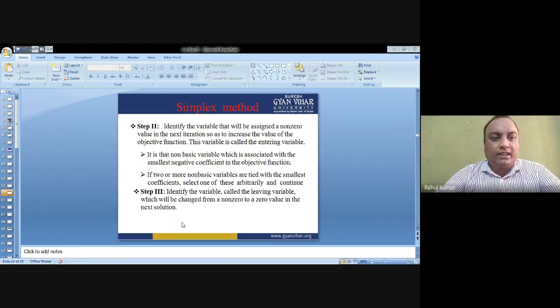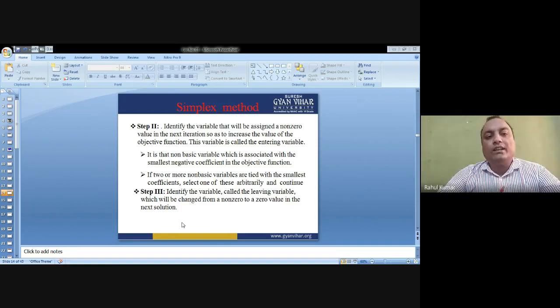It is that non-basic variable which is associated with the smallest negative coefficient in the objective function. If two or more non-basic variables are tied with the smallest coefficient, select one of these arbitrarily and continue. And then move to step number 3.